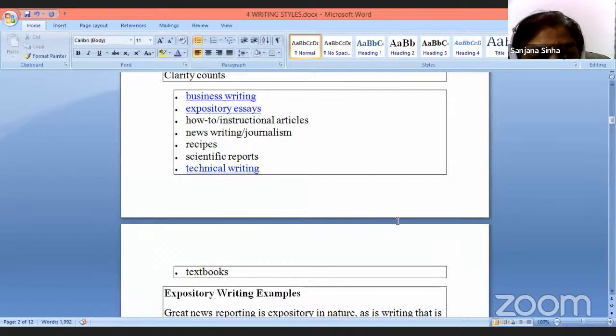In scientific reports or technical writing or textbooks, you cannot write anything of your own. You cannot include your opinion. You can include your opinion in expository essays. But you cannot include your opinion and your personal views in the rest, because it should be based on the facts.